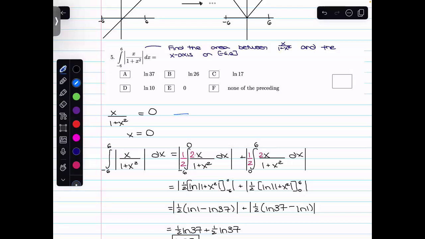So the key thing is just to find those points of change where the function is equal to 0.